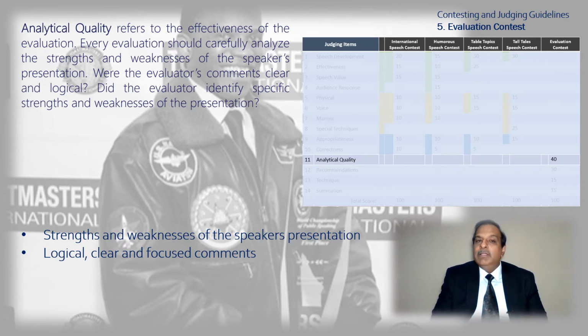The evaluator's comments must be clear and logical, and specific strengths and weaknesses of the presentation must be figured out. Use of general statements is nothing but wasting time in non-productive feedback.